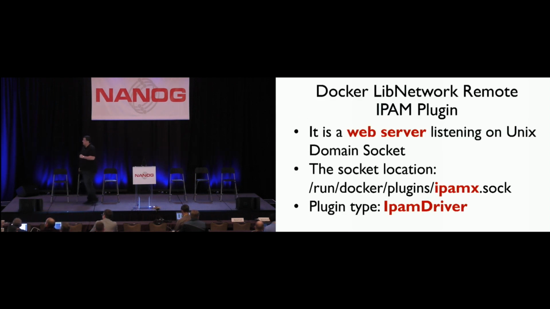One of the things I wanted to emphasize during this session is that I wanted to create a driver, an IPAM driver, and how did I do that? When you start coding a driver, you have to run a web server, and you have to make sure it runs on a socket. So you basically create a socket and you bind that web server to that socket.